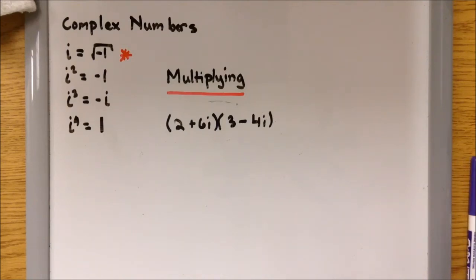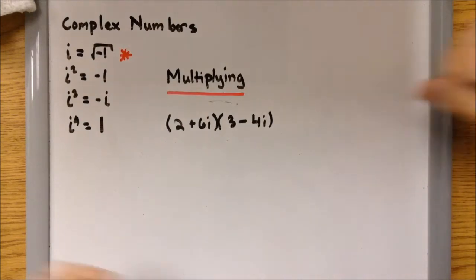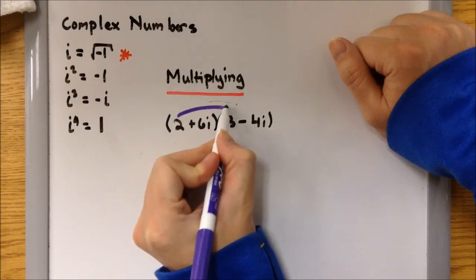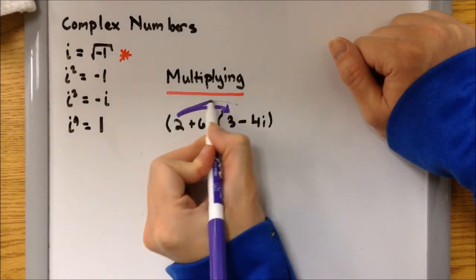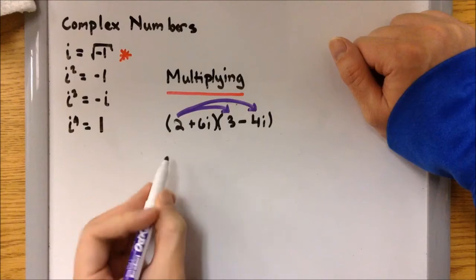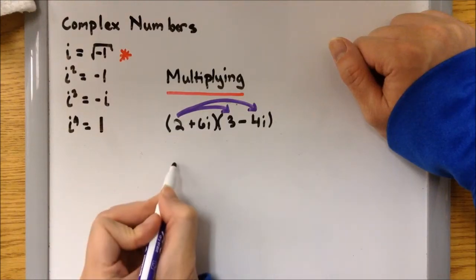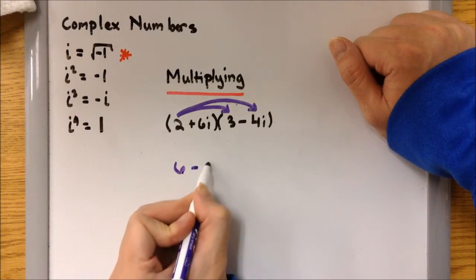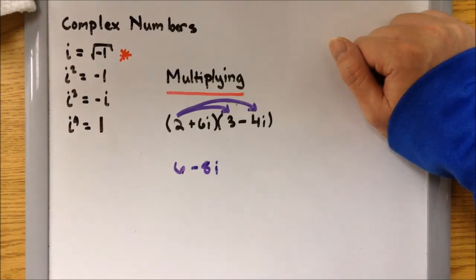Alright, foiling, or you can use the box method. I'm going to FOIL the 2 to the 3 and to the negative 4i. So 2 times 3 is 6. 2 times negative 4i will be negative 8i.